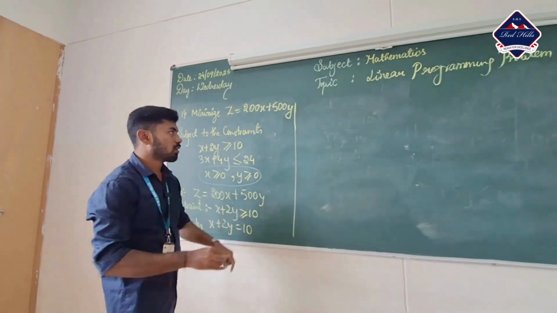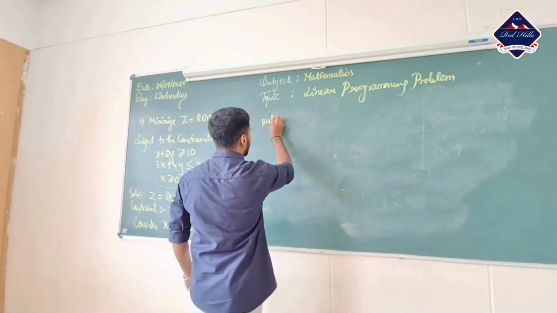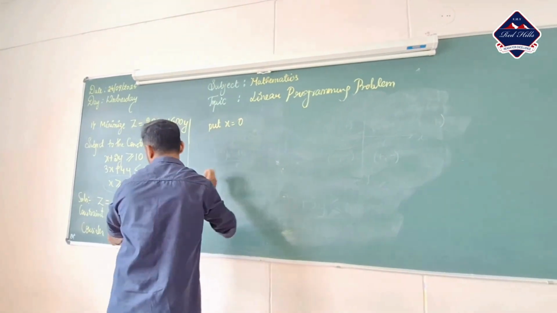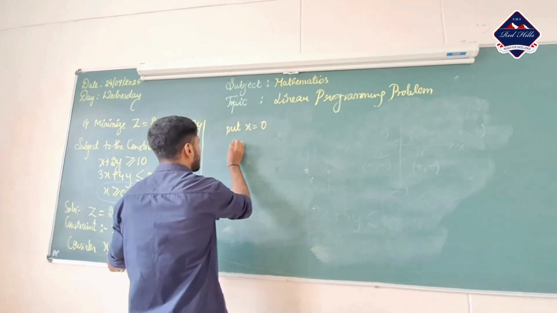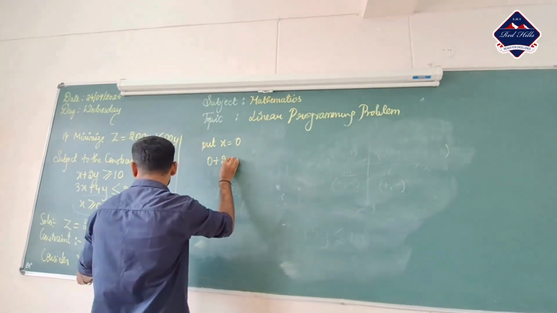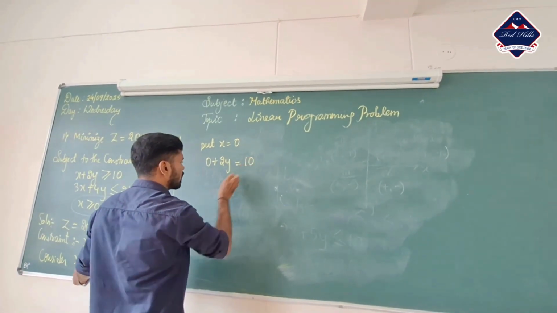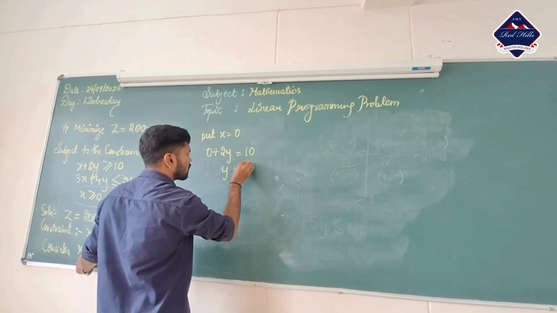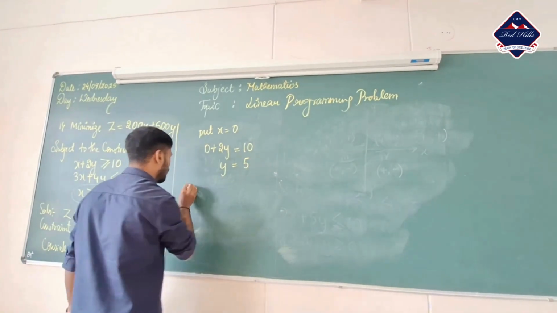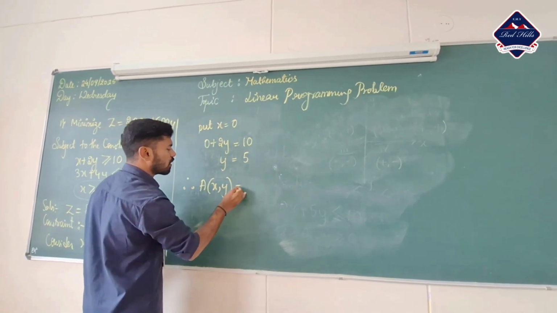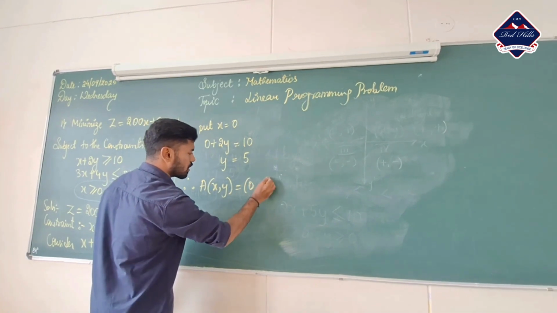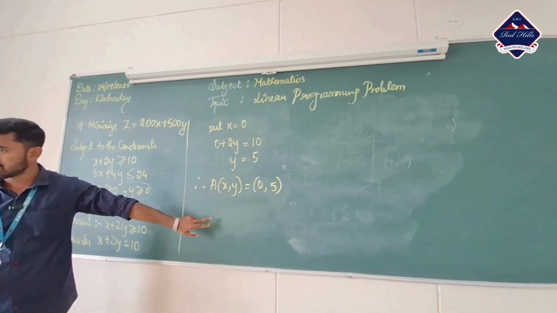Now, when we put x is equal to 0 in this particular equation, what happens here? 0 plus 2y equal to 10, then y is equal to 5. So this could be our first point A, x comma y is equal to 0 comma 5. Understood?